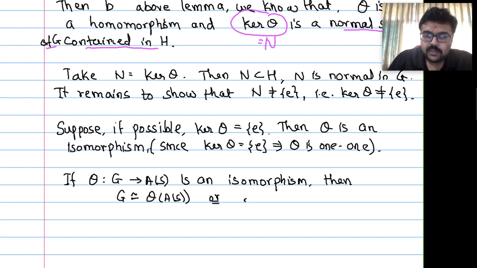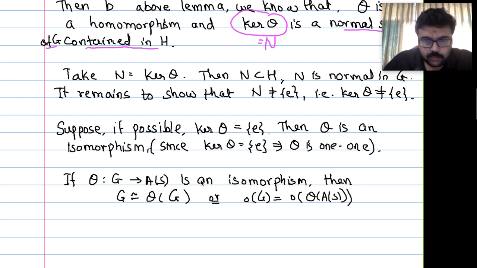Or we can say that order of G equals order of theta of AS. Oh, not theta of AS, theta of G. Right. So this is G is isomorphic to theta of G, which is a subgroup of AS.